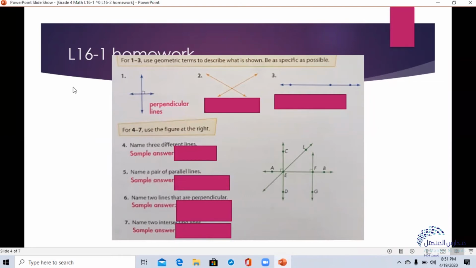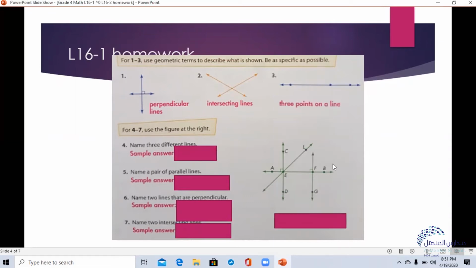If we go to question number 2, there's no right angle, and this seems to be more than 90 degrees, which means that these lines are intersecting lines. Now, what happens if we only have one line? These are points on a line, which means they are 3 points on a line.